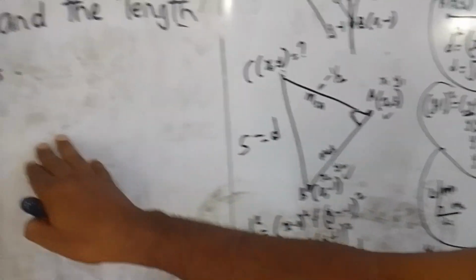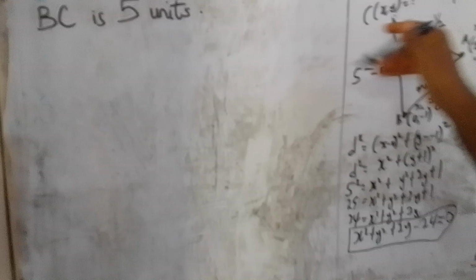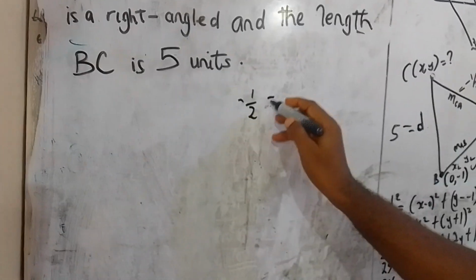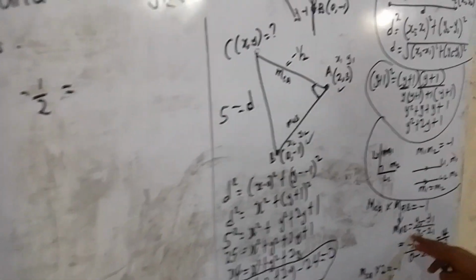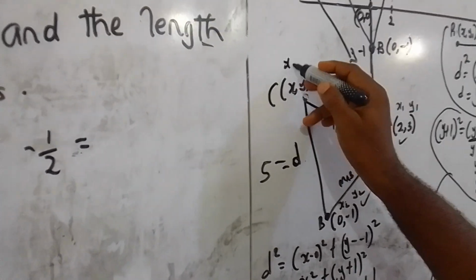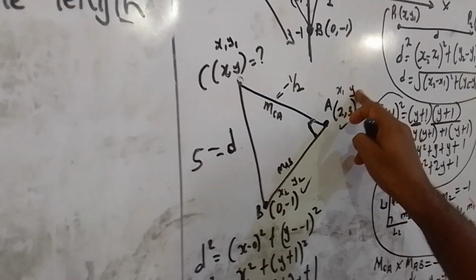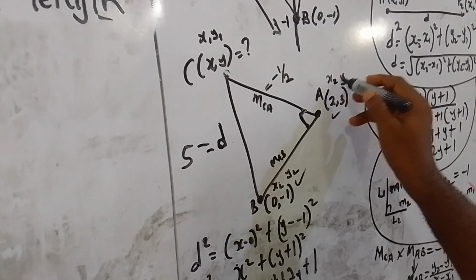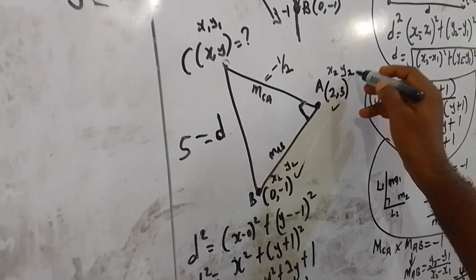Now let's move down to this place. This -1 over 2, I will use the gradient formula also. Let me call this one my x1, y1, and this place my x2, y2.